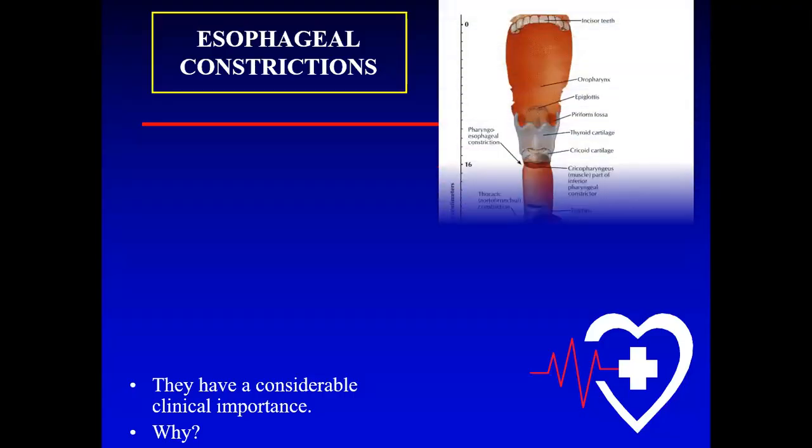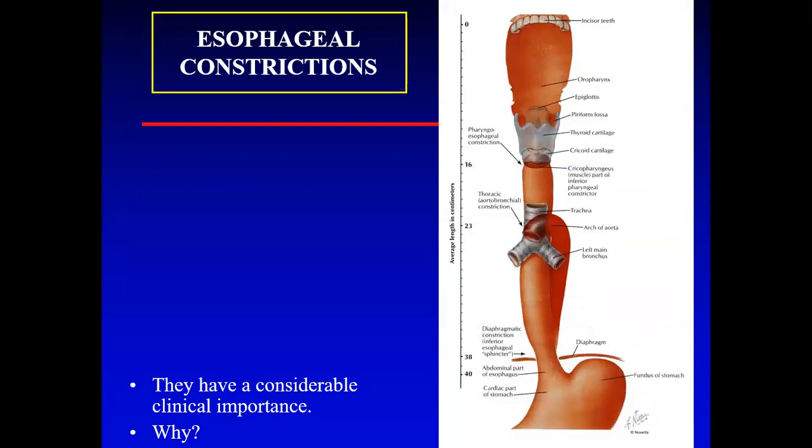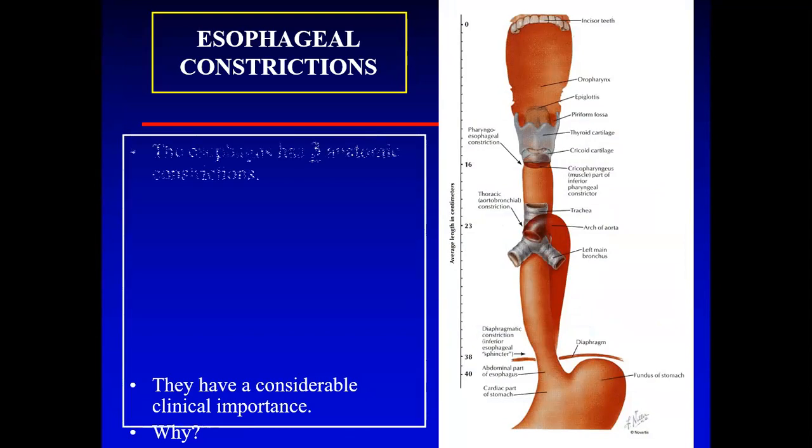Coming to the esophageal constrictions, there are pathological constrictions as well as normal constrictions. You should be able to differentiate between pathological and normal constriction. For that, you should know first the normal constriction. Only when you know the normal constriction, anything apart from that will be called abnormal. So what are the normal esophageal constrictions and why are they present?